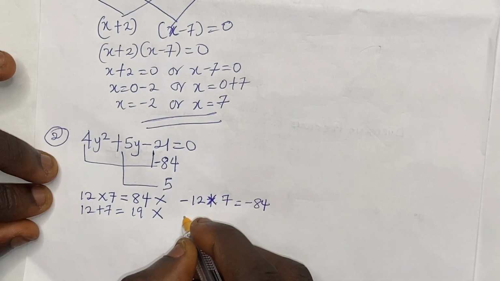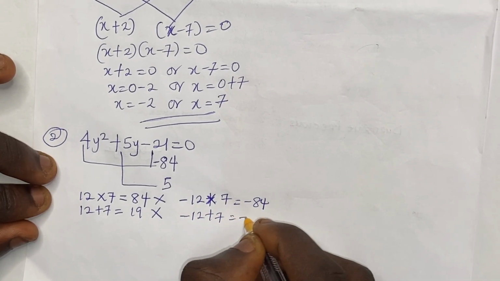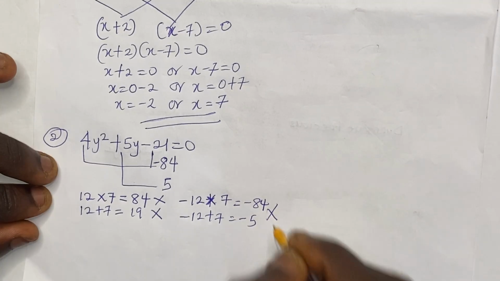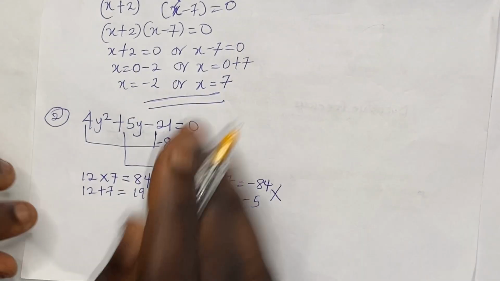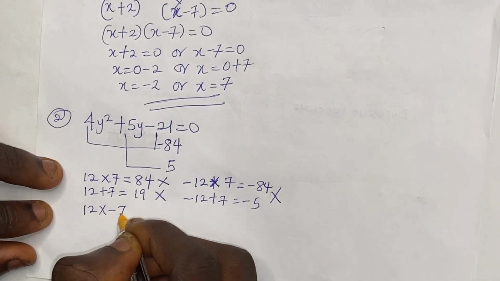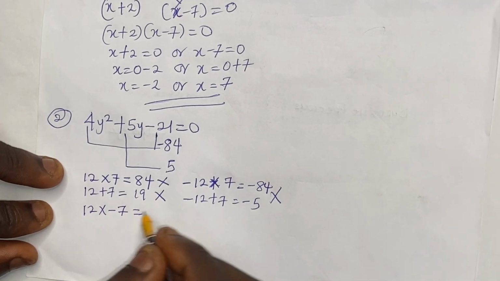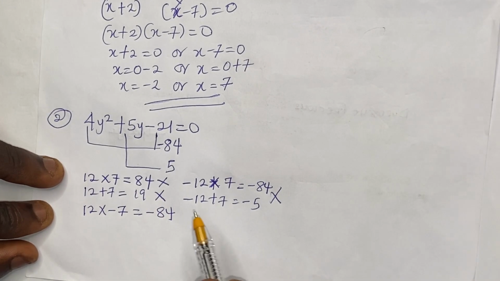But minus 12 plus 7 will give us minus 5. That means I can't use this also, because it's not giving me plus 5. So now I will interchange the sign again as 12 times minus 7. 12 times minus 7 will also give me minus 84, because plus times minus is minus.